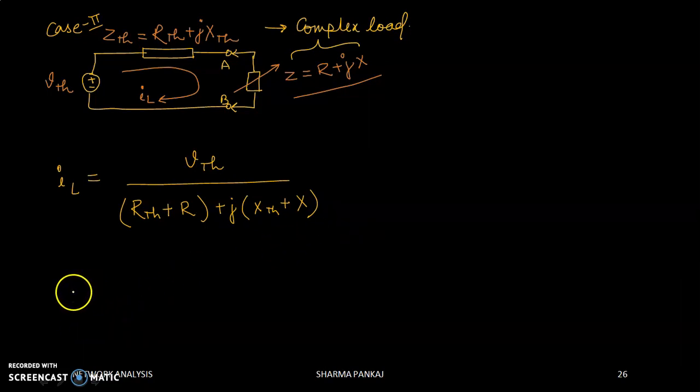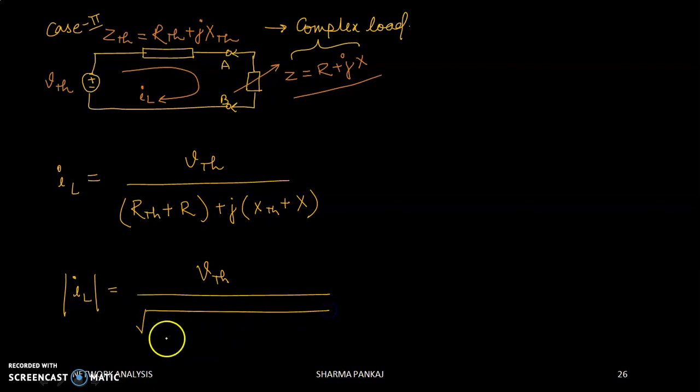Now the magnitude of load current IL will be equal to VTH upon under root RTH plus R whole square plus XTH plus X whole square.